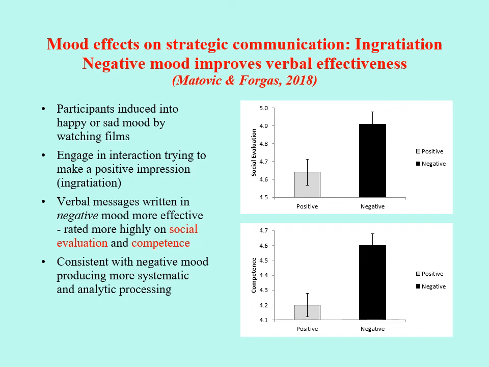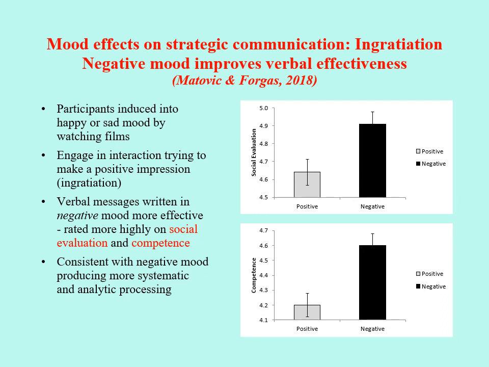We then analyzed the quality of their verbal responses, the messages that they used, and found that those participants who were in a negative mood produced significantly more effective strategies to create a positive impression. Their verbal messages were rated both as higher on social evaluation and indicating greater competence compared to the positive mood condition.